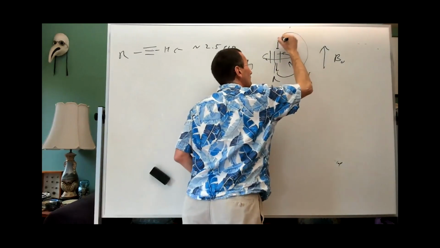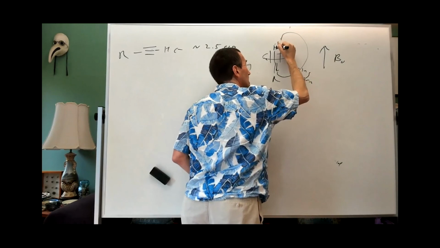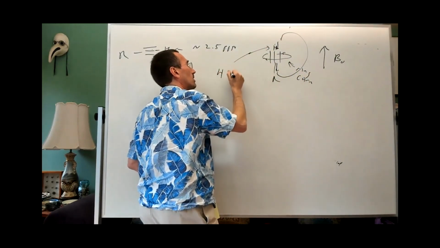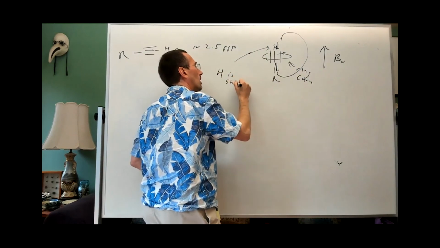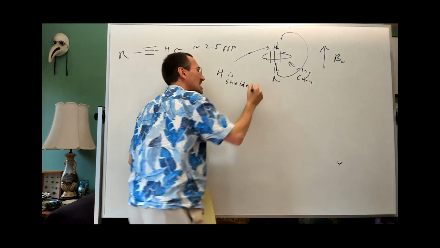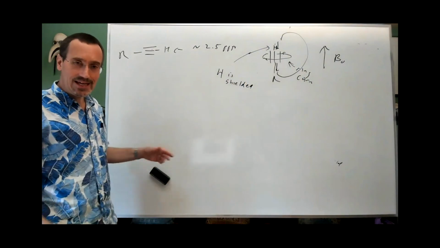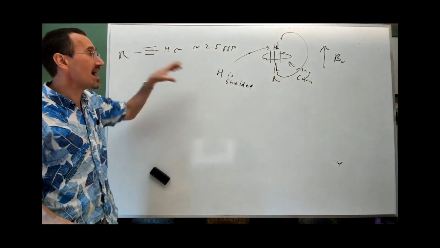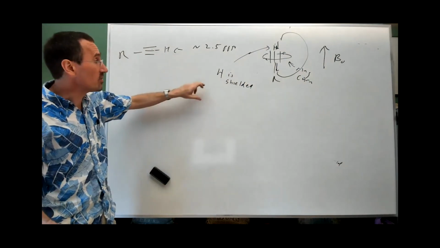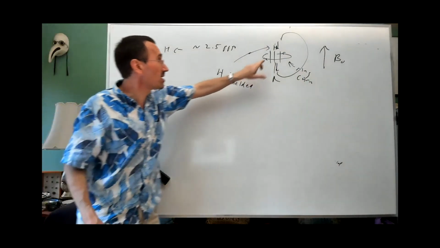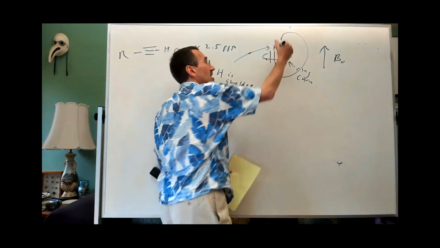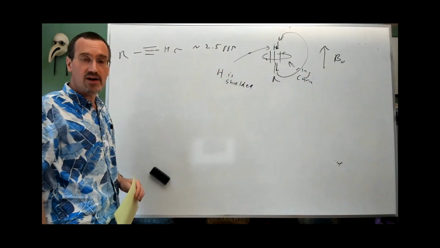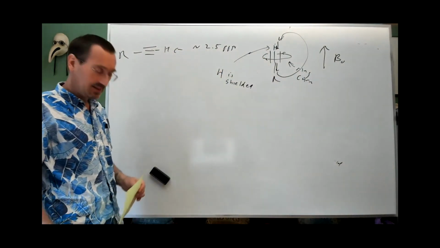By the right-hand rule, you're now seeing a shielding of that hydrogen. So instead of being like an alkene, where you have a ring current like benzene, you can think of it as having a ring current where your flux lines are basically protecting that hydrogen from the applied magnetic field.